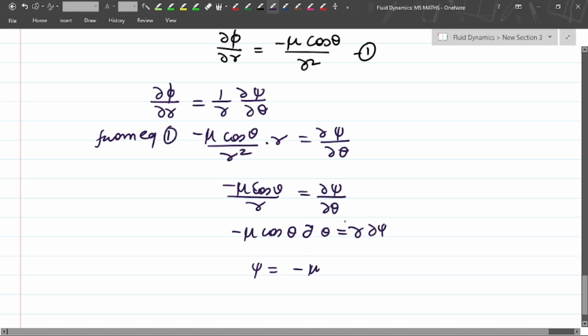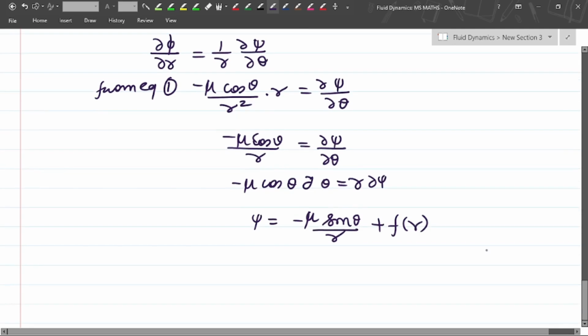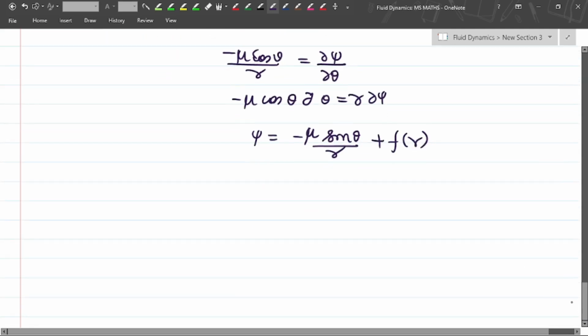The integration of cos is sin theta divided by r, and here is some function of r, because we are differentiating with respect to theta. Then if we differentiate with respect to r again, minus minus will be plus mu sin theta upon r square, and this is f dash of r, because this is a function of r. Because we have the partial differentiation with respect to theta, so this is going to be constant for theta.